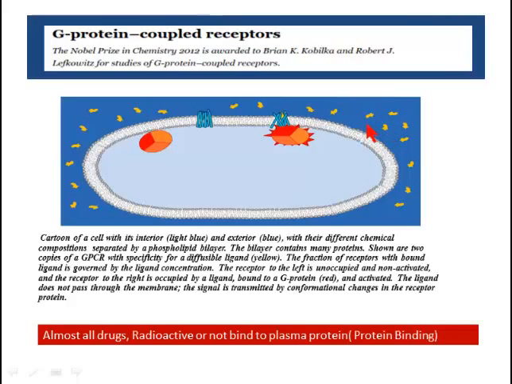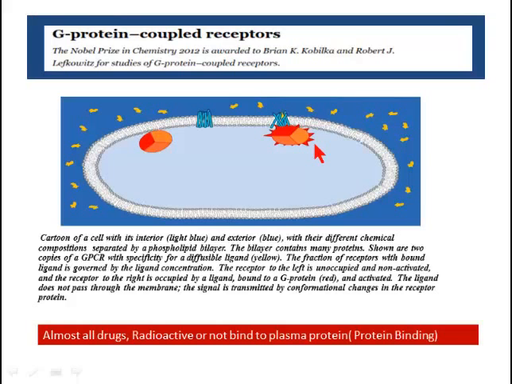So once any mutation or alteration happens within the cells, the mutation leads the receptor to bind to the ligand, where it activates the growth receptor, the G protein. And once it's activated, too many signals go and alterations happen, and sometimes it leads to phosphorylation or apoptosis, cell death, or DNA changes. So almost all drugs, radioactive or not, bind to plasma protein.